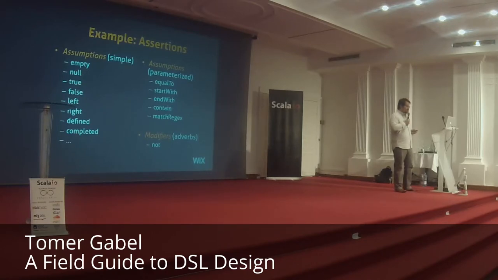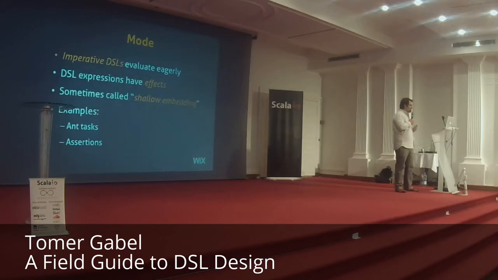The last thing we need to pick, and this is a bit of full disclosure, is that this is my observation in my words. It's not based on academic research or anything. But I've observed that DSLs really come in one of two modes. You have an imperative DSL, which sometimes is called shallow embedding in the context of Haskell and some other languages.